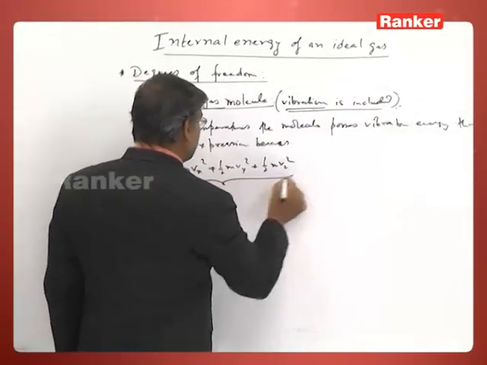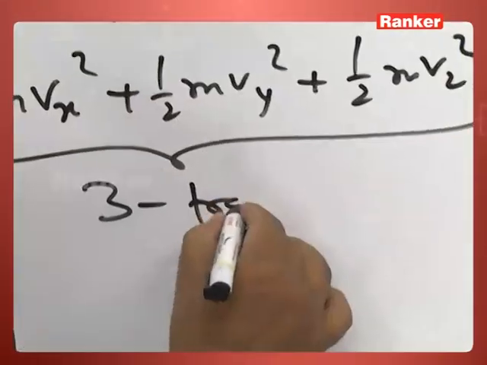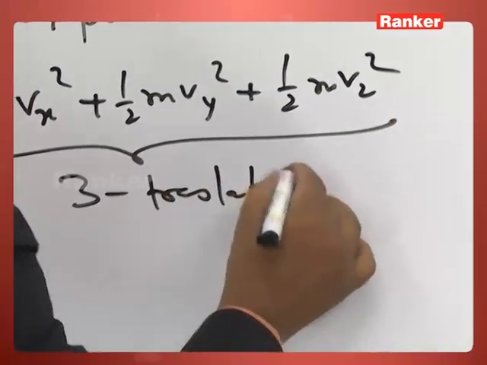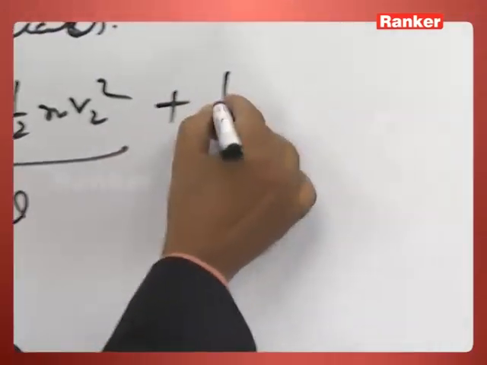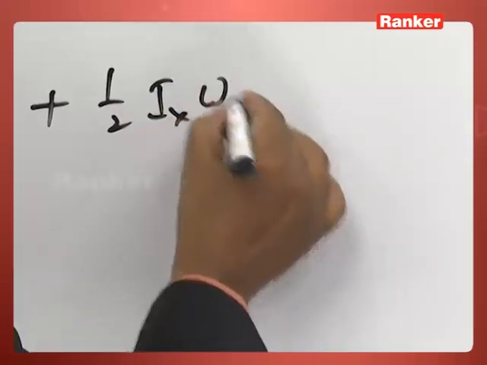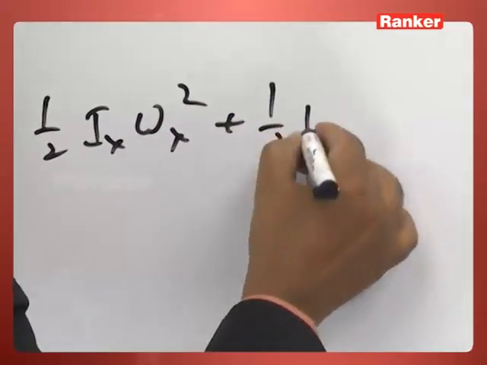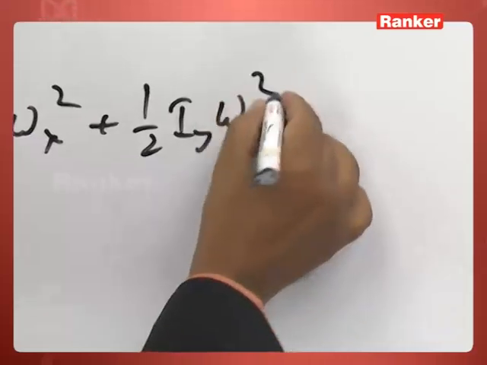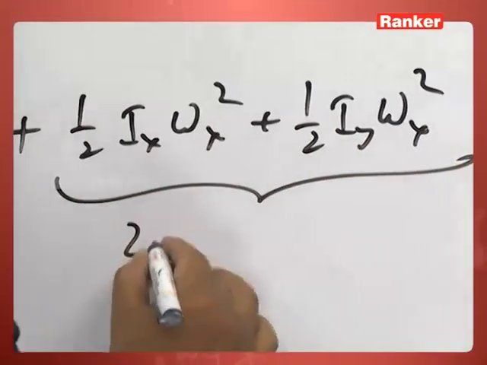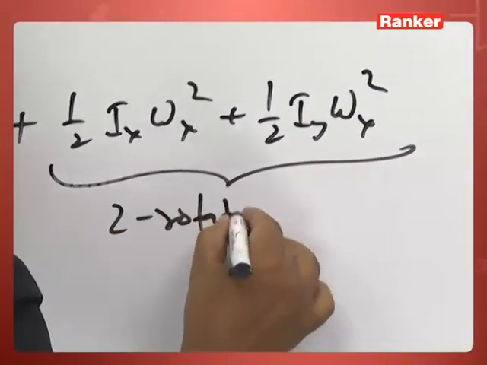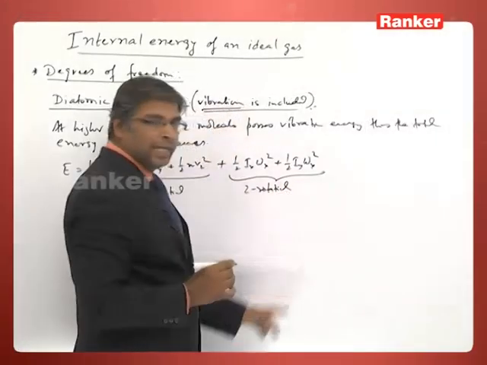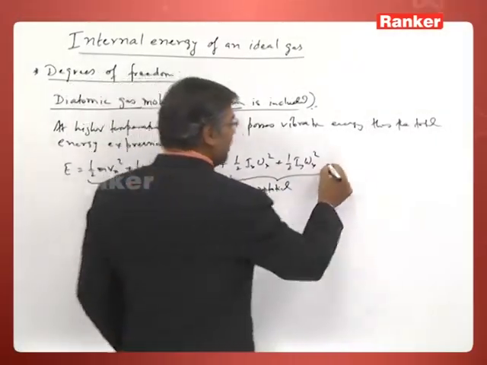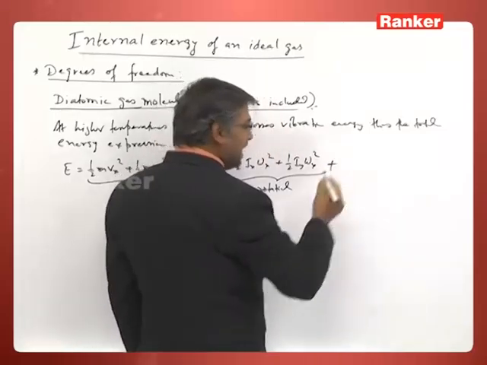So, we have 3 translational degrees of freedom, plus half Ix omega square plus half Iy omega square, 2 rotational degrees of freedom. I have neglected the third one, plus 2 vibrational.